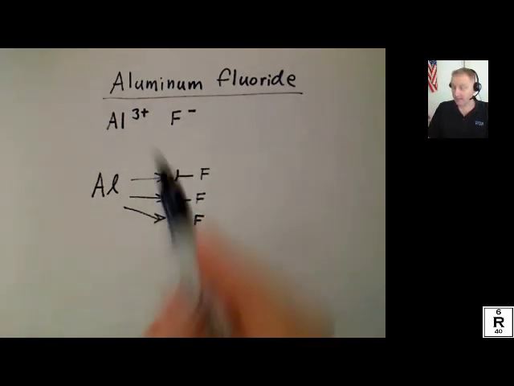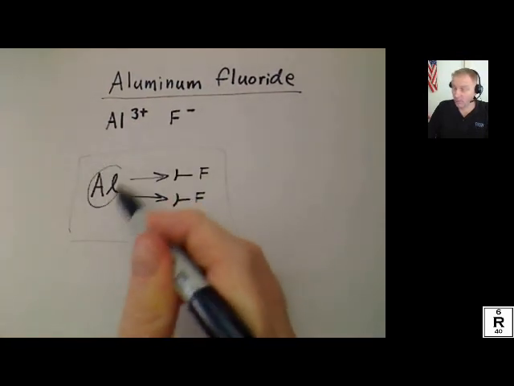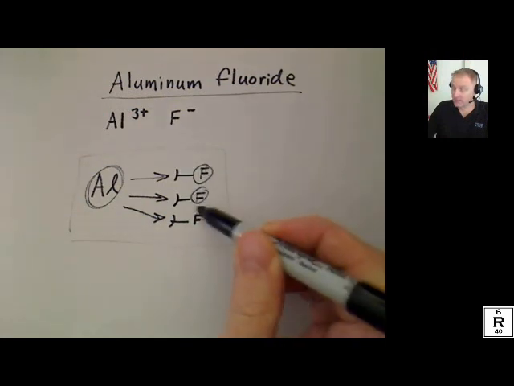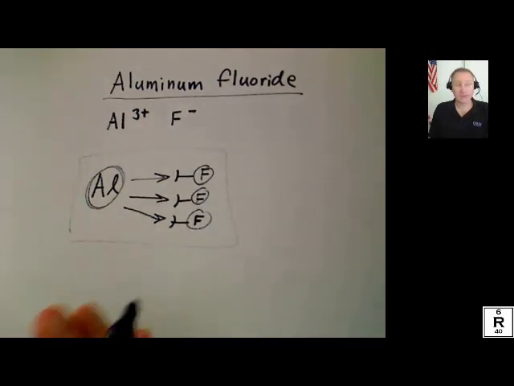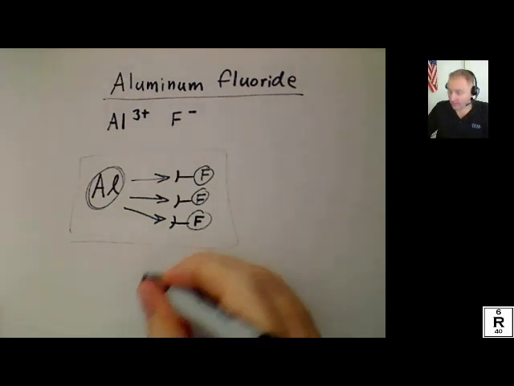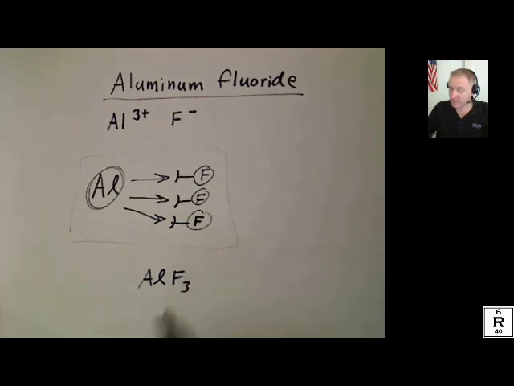And so if we take a look at this stable situation, for every 1 aluminum, it took 3 fluorines to neutralize it. And so what happens is they stick together like magnets, but you're going to have 1 aluminum with 3 fluorines associated around it. So this subscript 3 represents that there's 3 fluorines. And so that's how we would write aluminum fluoride.